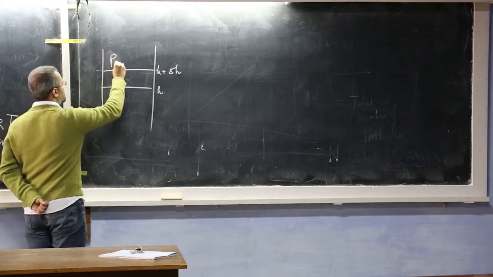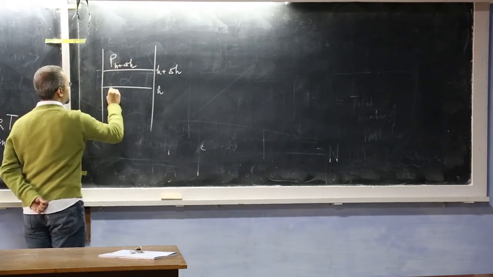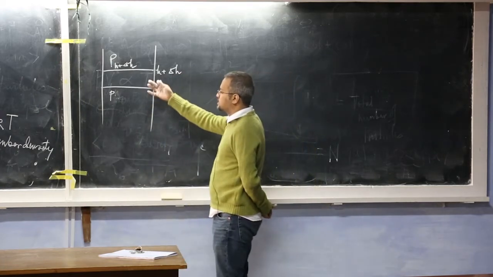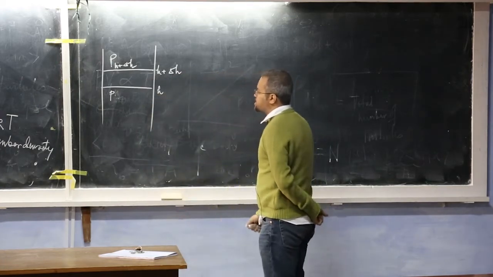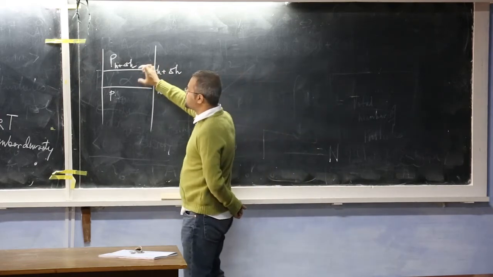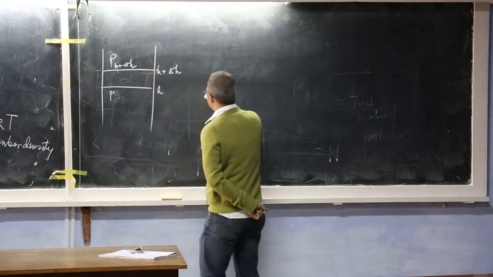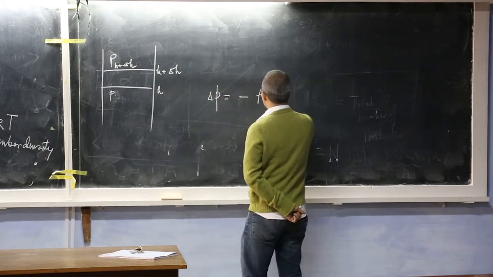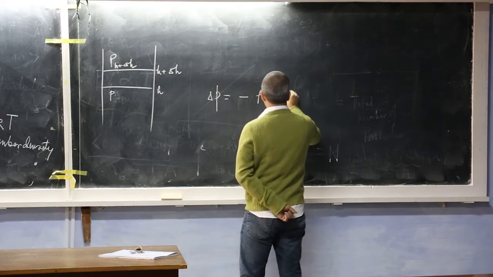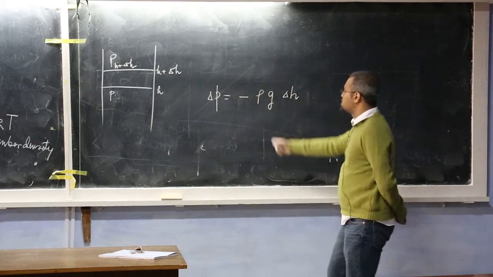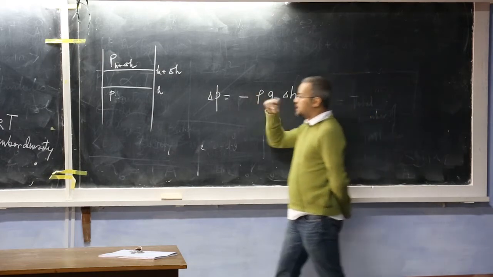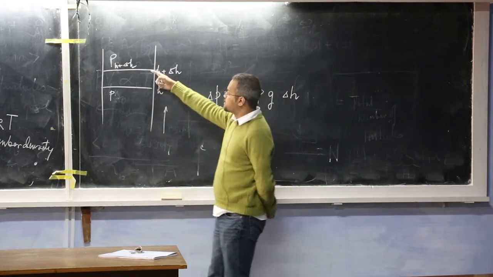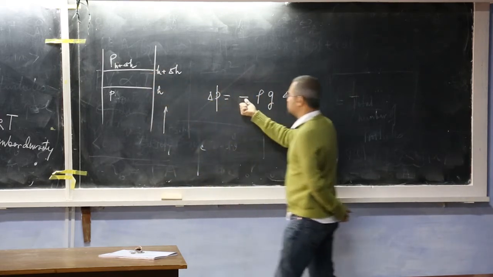The pressure here is P at h plus delta h, here the pressure is P, and you can immediately see from using your notion of pressure in fluids that the change in pressure across this thickness, which you can write as delta P, equals minus rho g delta h. Now why is this minus sign coming? The minus sign is because of the fact that height is increasing this way, whereas the pressure here is less than the pressure here, so clearly there is a minus sign.